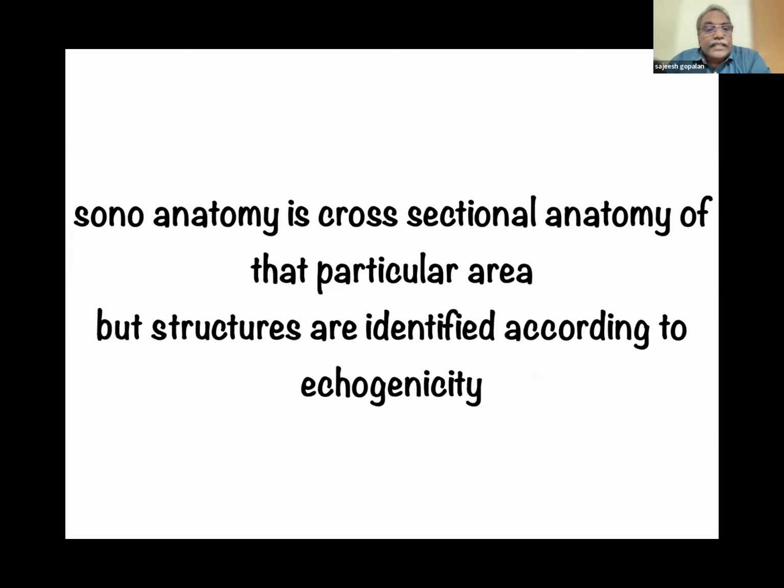So I'm concluding that sonoanatomy is nothing but the cross-sectional anatomy of a particular area, but the structures we identify are according to their echogenicity. Anechoic is a dark structure, mainly blood vessels; hyperechoic is mainly bone and fascia; and hypoechoic structures are the nerves, which we are looking for.